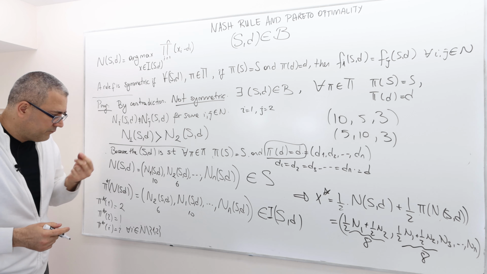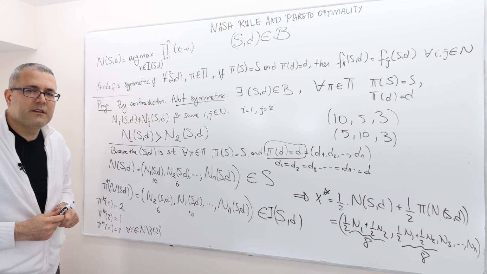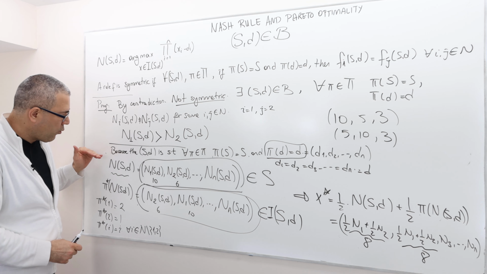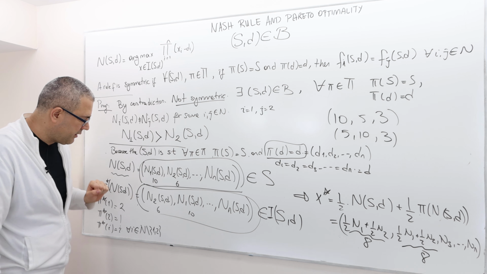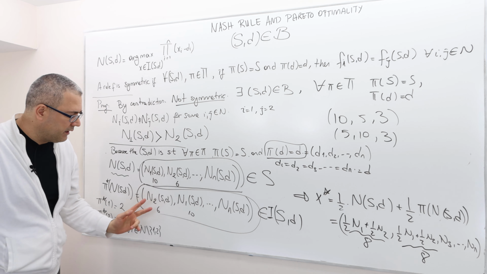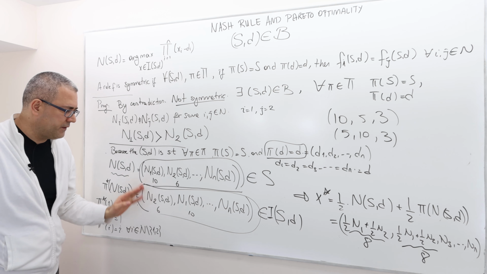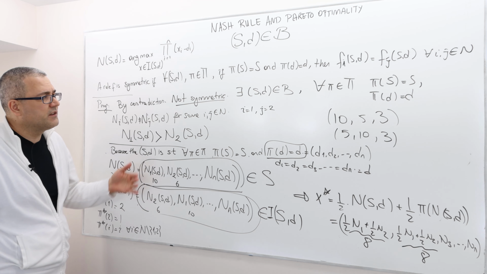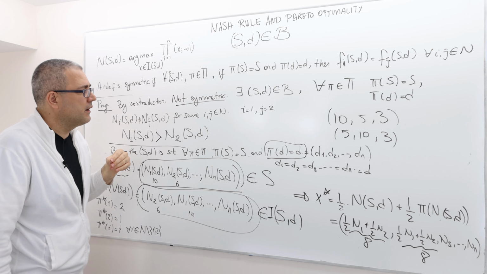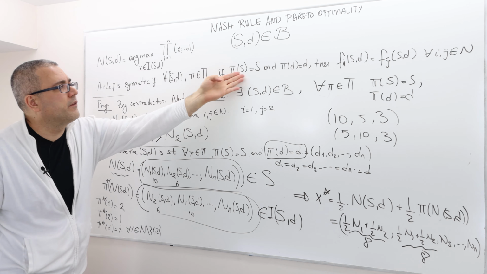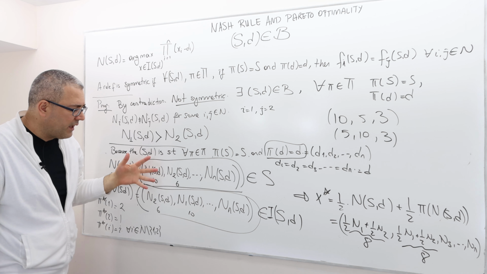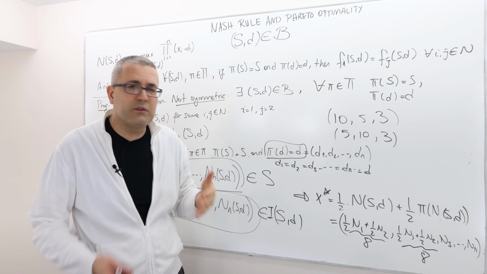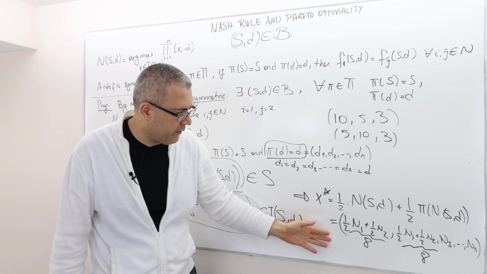All right, well, again, where am I heading? This is where I'm heading. I started with this payoff vector, and then I take one permutation of this payoff vector. I know that this permutation does exist in my bargaining payoff set S, because pi of S is equal to S for any pi. And then I take a 1/2, 1/2 convex combination, the arithmetic average, of these two payoff vectors.